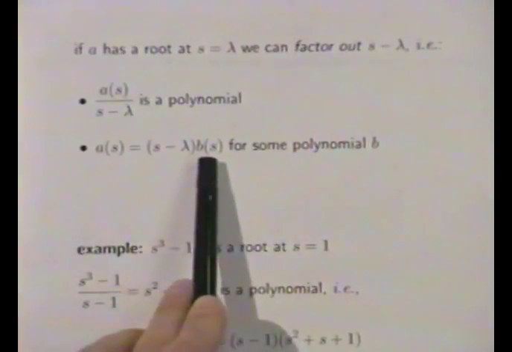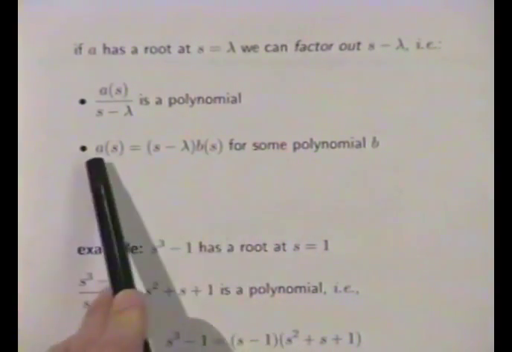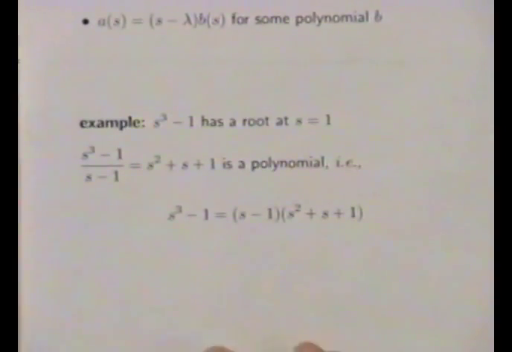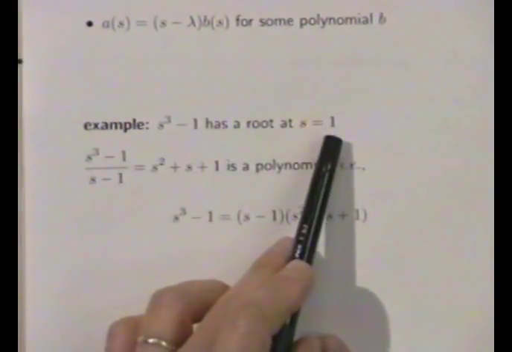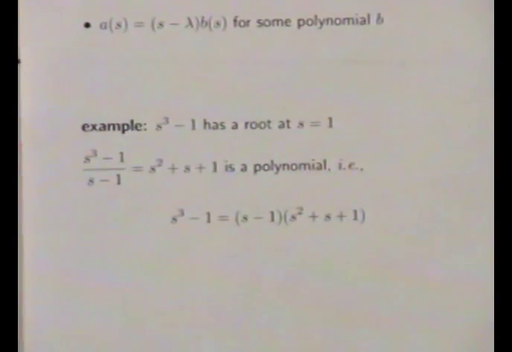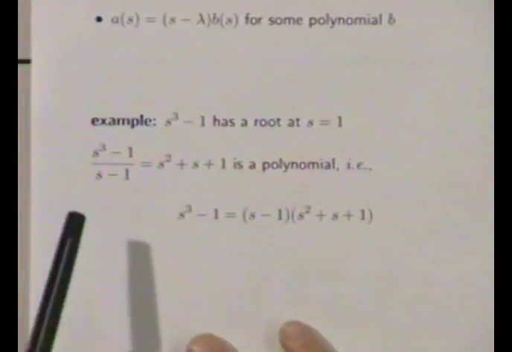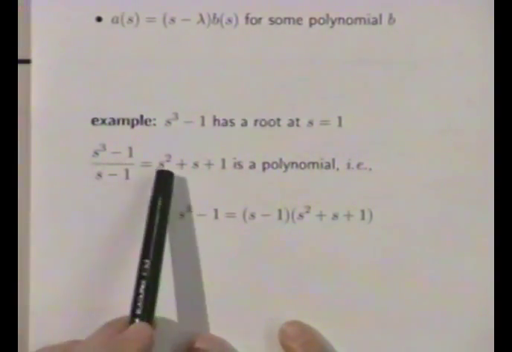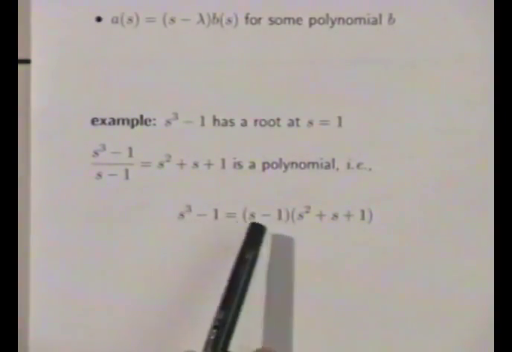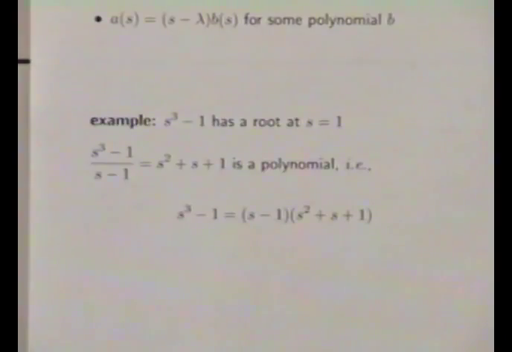In fact, the degree of this polynomial is exactly 1 smaller than the degree of A. So for example, s cubed minus 1 has a root at s equals 1. I can form this ratio of polynomials. Now in general, the ratio of two polynomials is not a polynomial, not even close. However, in this case, when I divide it out, I get a polynomial, s squared plus s plus 1. So s cubed minus 1 is s minus 1 times s squared plus s plus 1.